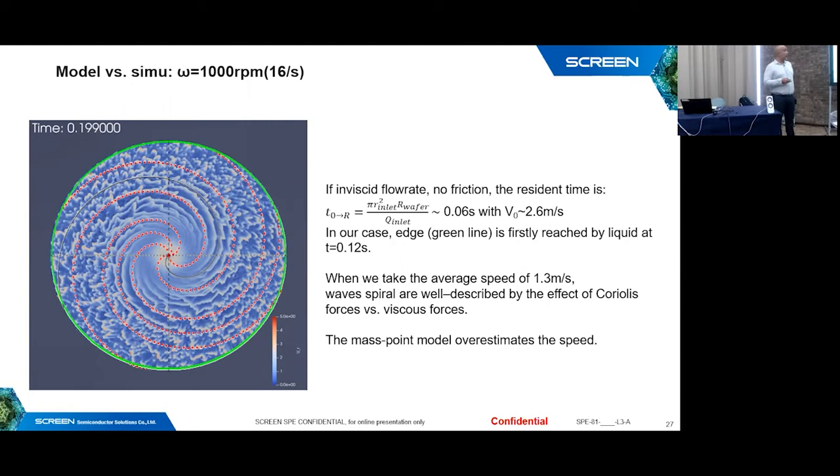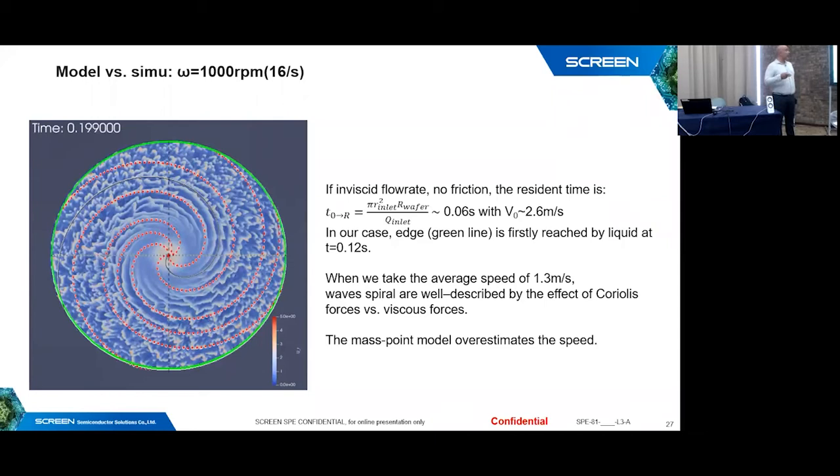So for inviscid flow, we assume that we should see a minimum time of about 0.06 seconds. But in our case, if you look at the simulation, the water reaches the edge of the wafer with a minimum time of 0.12 seconds, so double.